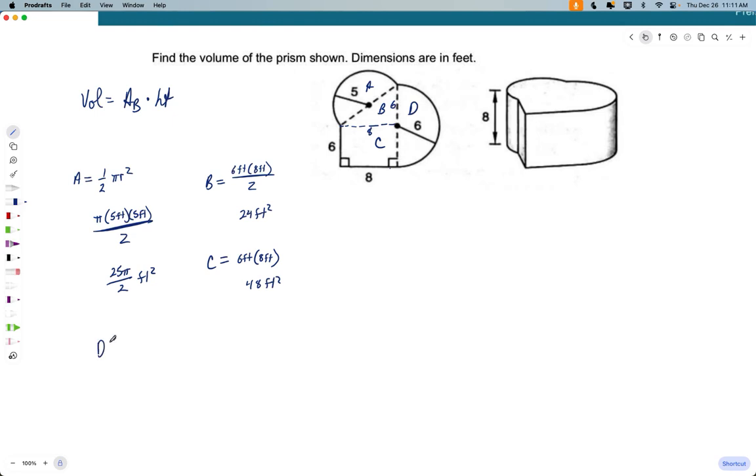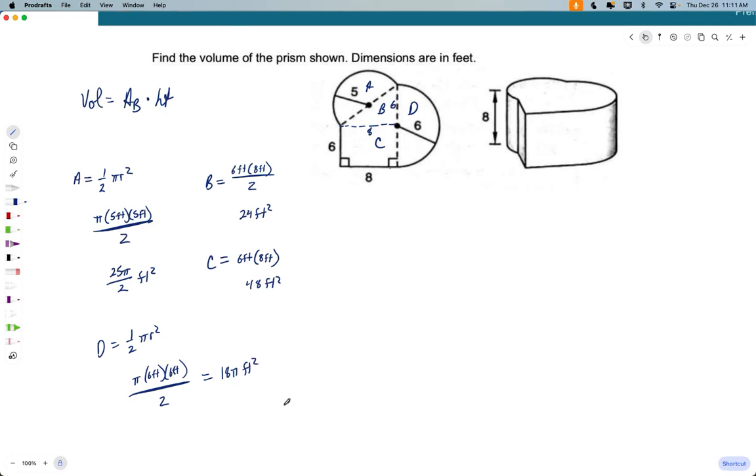One more half circle, so half of pi r squared. So we've got pi times 6 foot times 6 foot divided by 2, which gives us 36 pi divided by 2, so that's 18 pi feet squared.